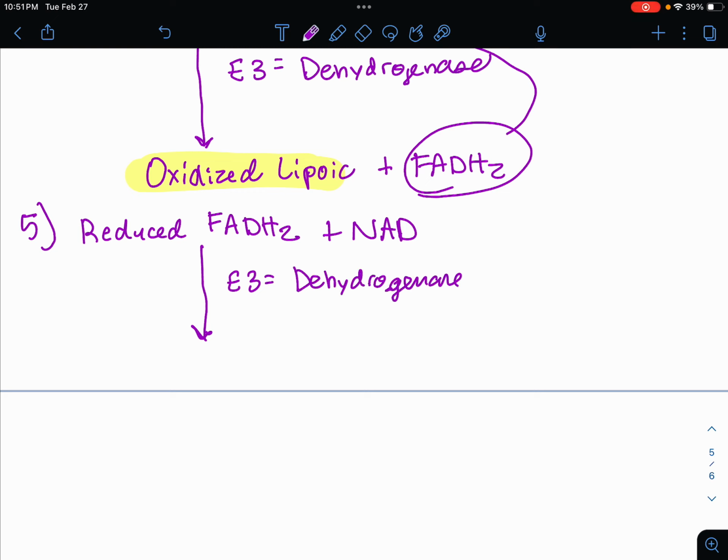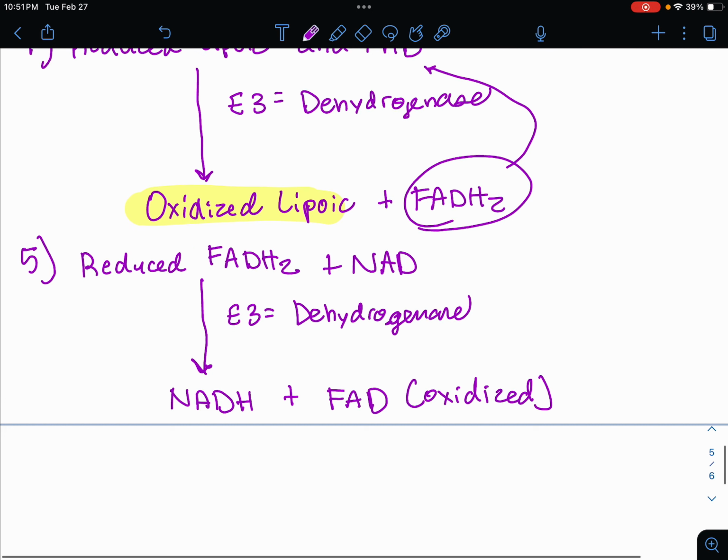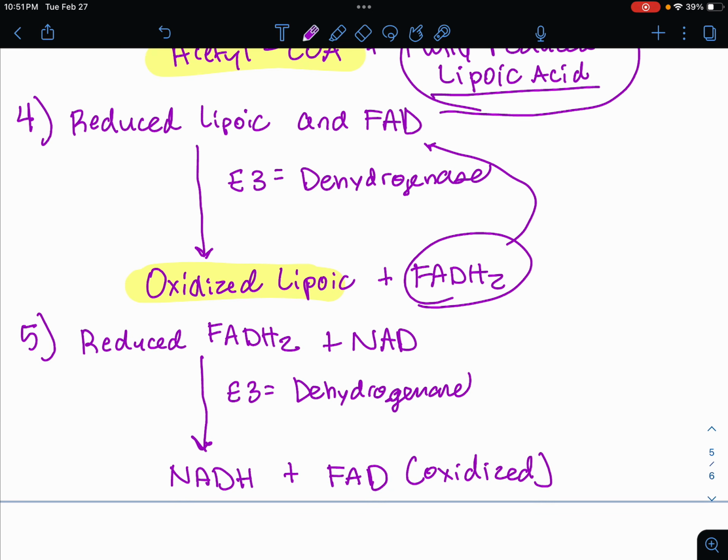And when we use the dehydrogenase, the NAD is going to pick up that hydrogen. So the results of this would be NADH and our regenerated FAD. This is again the oxidized form that we needed to be regenerated. So step 4 will regenerate the oxidized form of lipoic acid, whereas step 5 will regenerate the oxidized form of FAD via NAD.